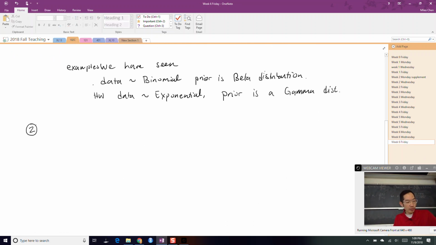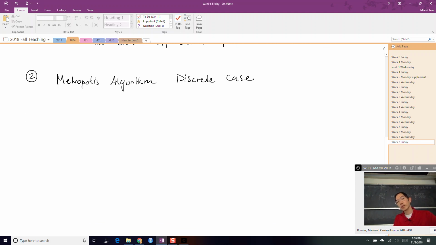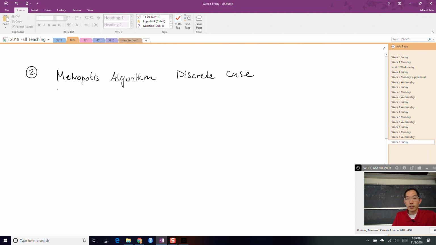Another problem you'll have will be maybe a Metropolis algorithm, the discrete case. Okay. And so I will describe a scenario of possible states.